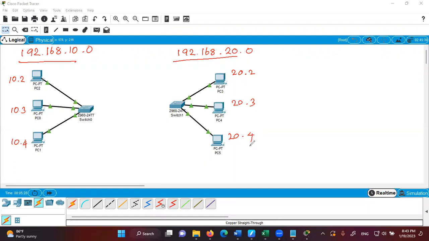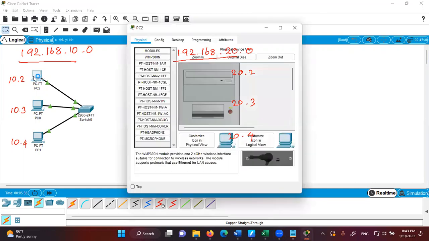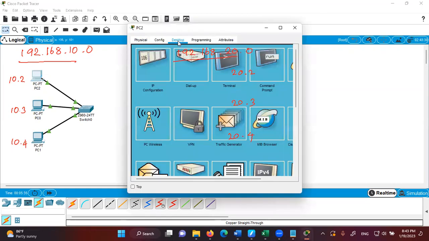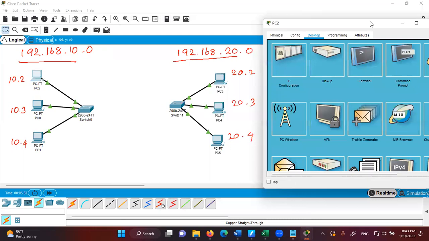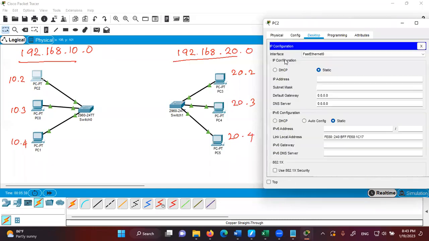Okay, so how do we give IPs to these now? You can click on the computer, go to the desktop, go to IP configuration, and from there you can assign the IP address. So for the first computer we are going to give 192.168.10.2.